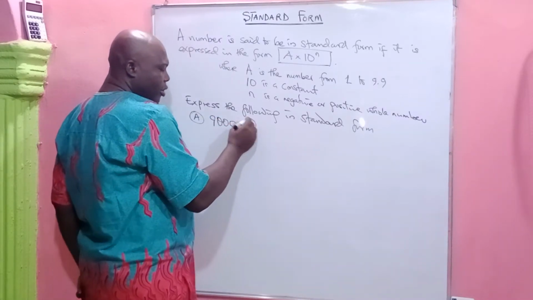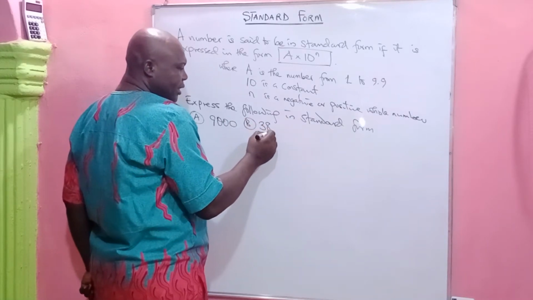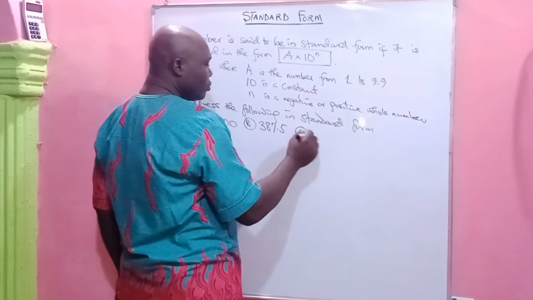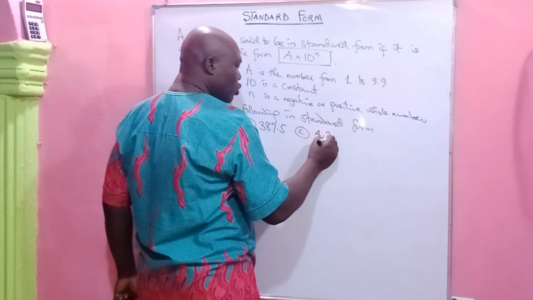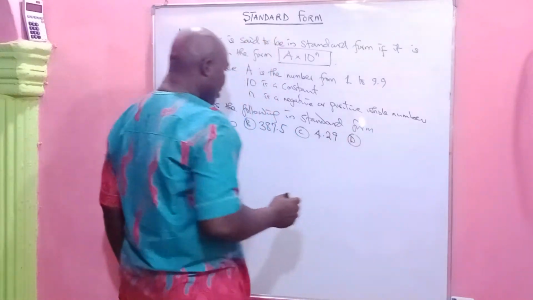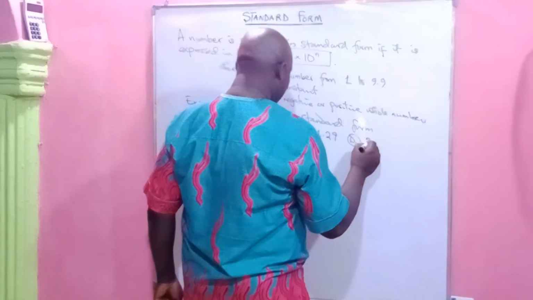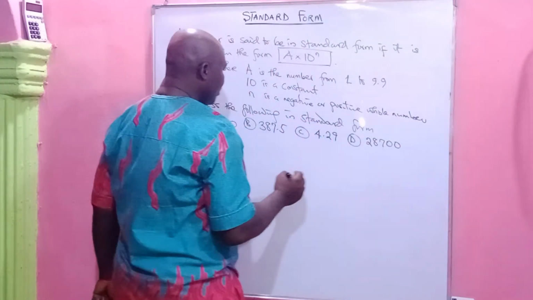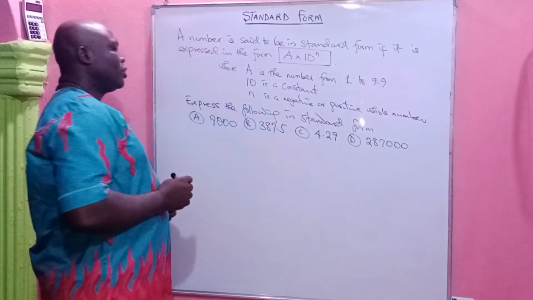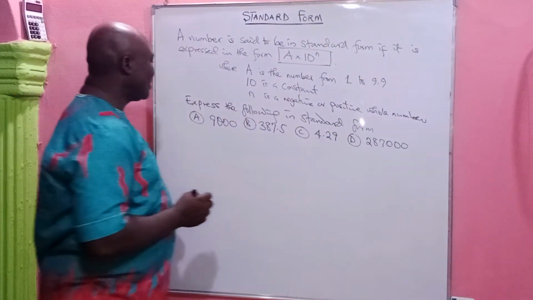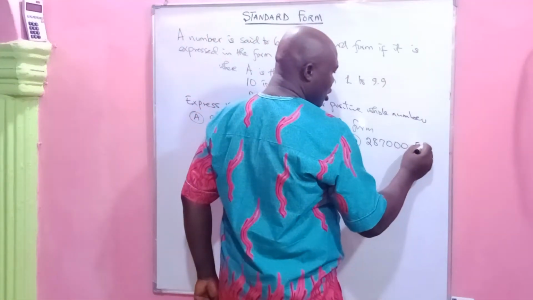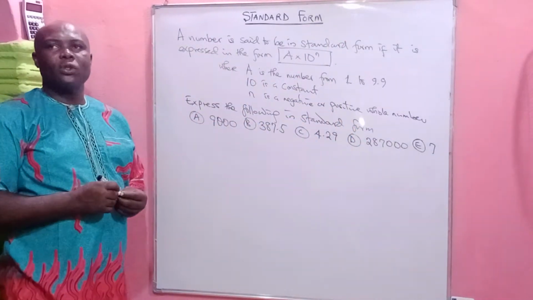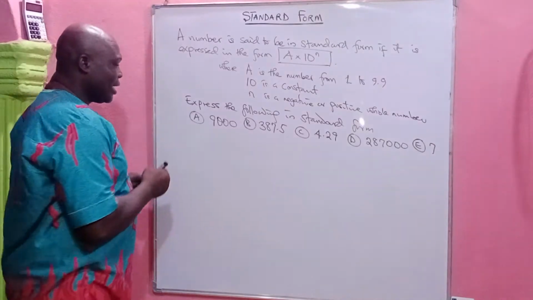Then b, 387.5. c, 4.29. d, 287,000. All right, so we want to express all of this in standard form, and maybe just 7. How do we express the following in standard form? Let's quickly do that. Solution.